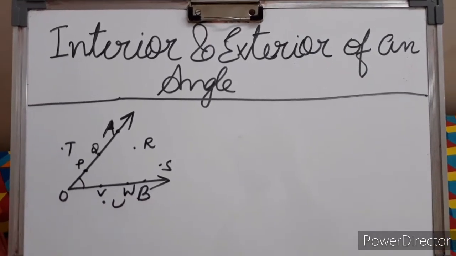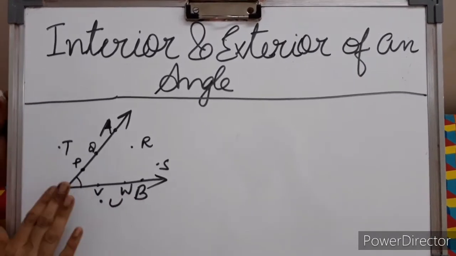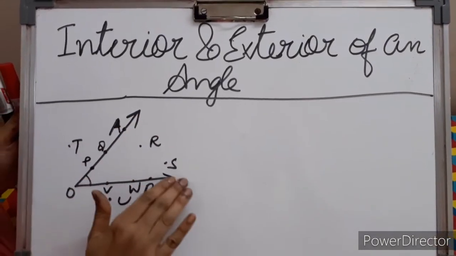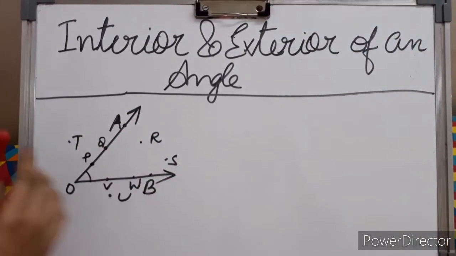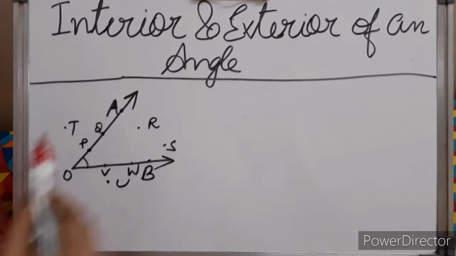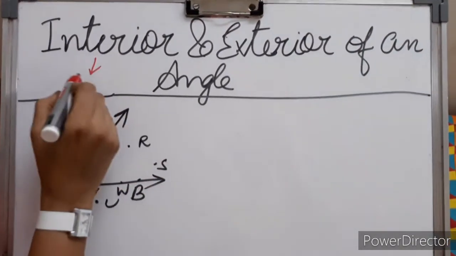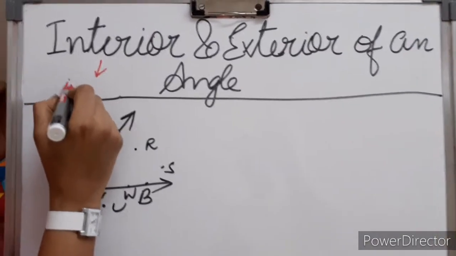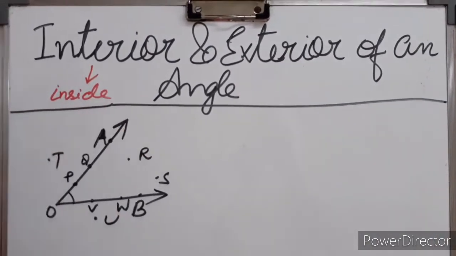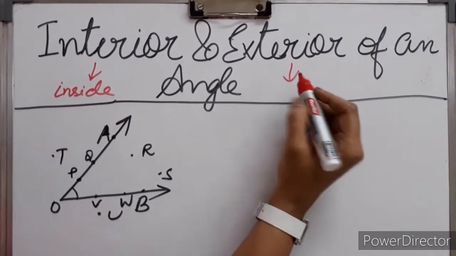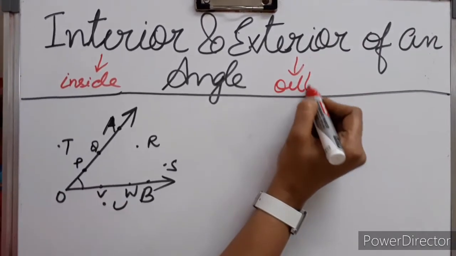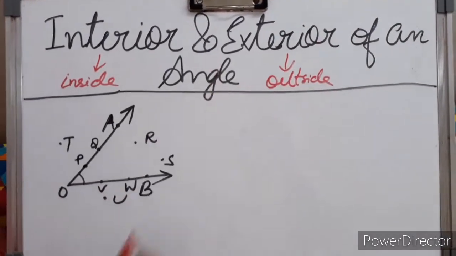Now we have to check the region that comes inside the two rays, inside the two arms, that is the interior of an angle. Those points are called the interior of an angle. So this is called the inside part of the angle, and exterior, as the name itself suggests, is the outside part of the angle.